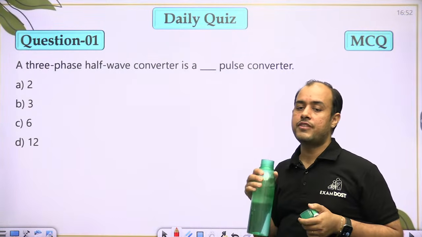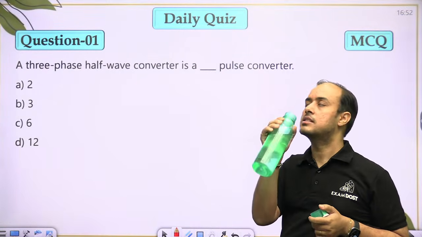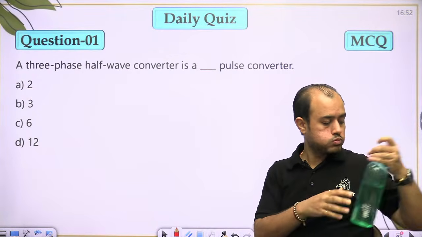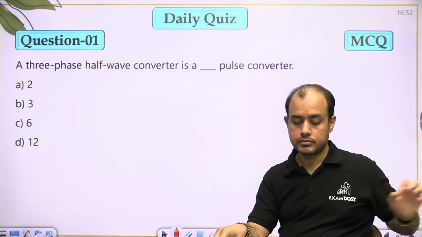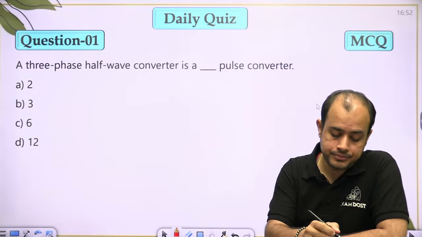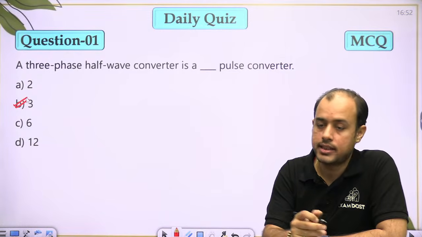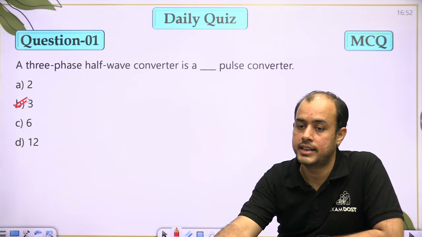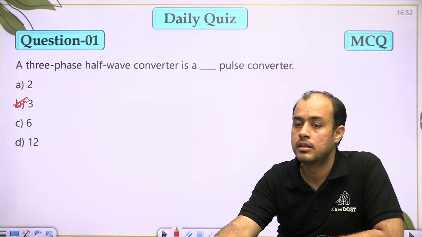So, does a 3 phase half wave converter have how many pulses? Come on everybody. How many pulses? It is a 3 pulse converter, correct? Yes, the full wave one is called a 6 pulse converter. Why can't we start before 30?